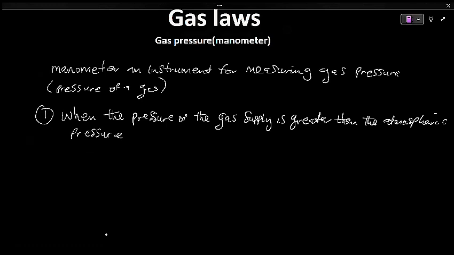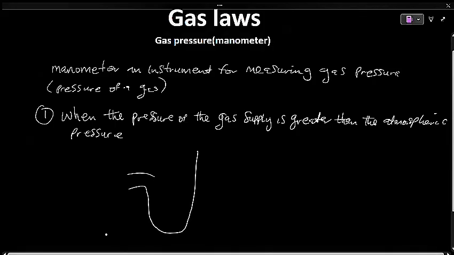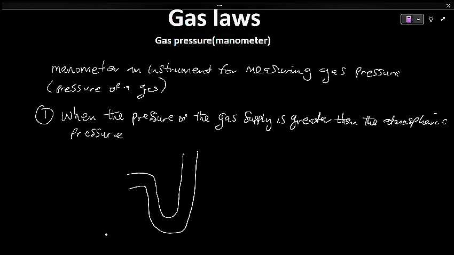If this is the case, the diagram will look like this. The limb on the left side is connected to the gas supply, of which we are going to measure the pressure. The other limb is open to the atmosphere, so atmospheric pressure is entering.